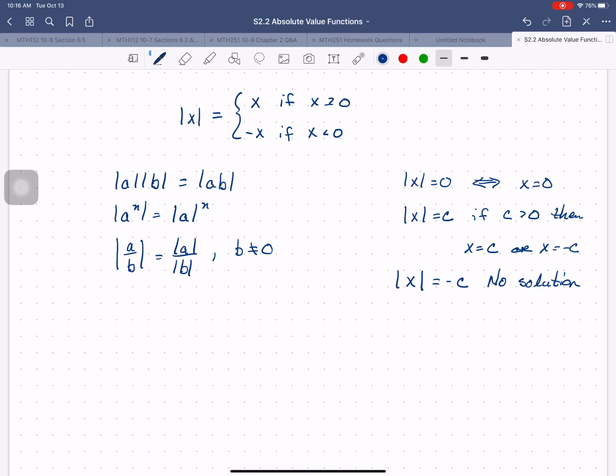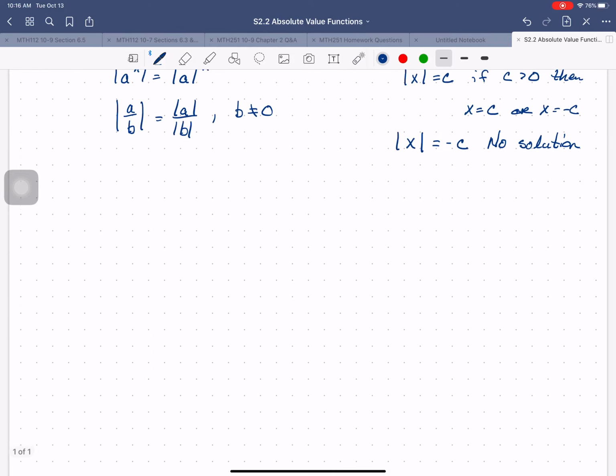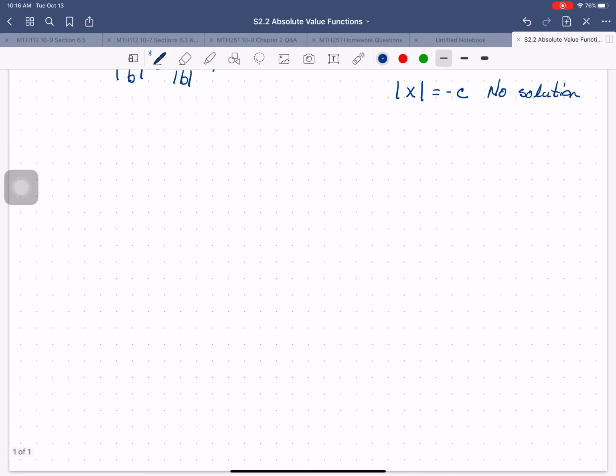Okay, let's work an example, and you'll see what we mean here. Rarely are we going to start with just absolute value of x equals a number. We're instead going to be doing things like solve the absolute value of 3x minus 1 equals 6.